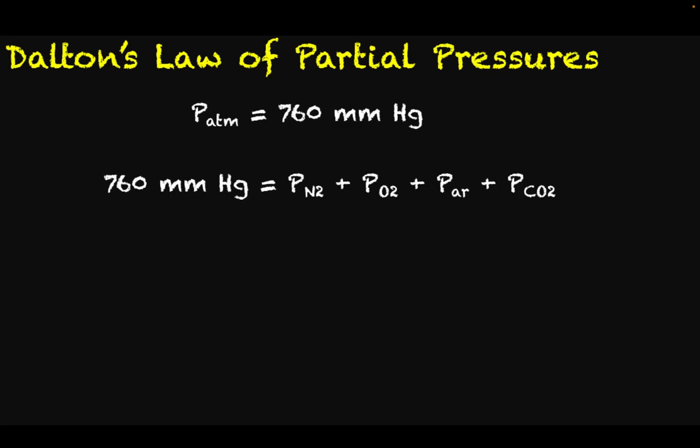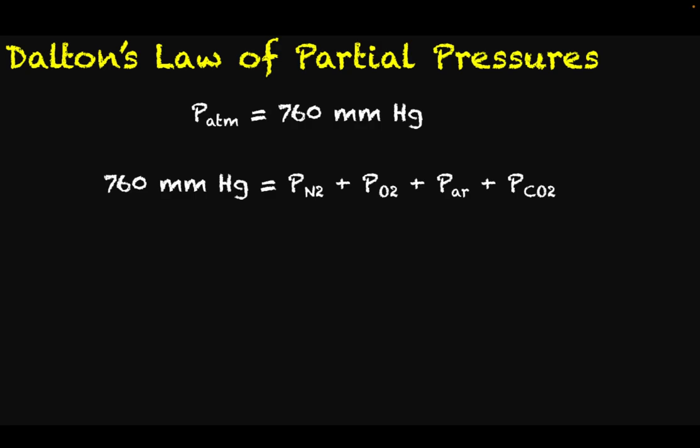What that would mean is that 760 is equal to the partial pressures of each of the individual constituents of the air added together. That would be the partial pressure of nitrogen plus the partial pressure of oxygen plus the partial pressure of argon plus the partial pressure of CO2, and then plus the partial pressures of all the other gases. But we'll keep things simple and just keep it at these four for now.